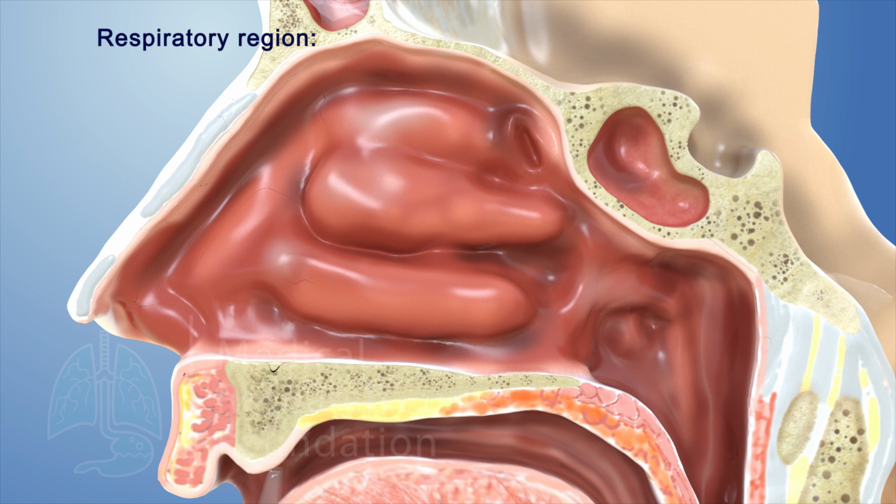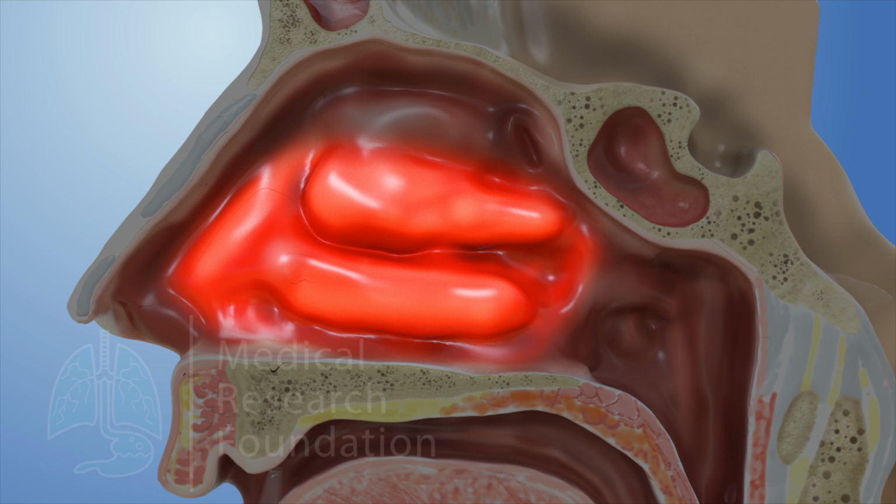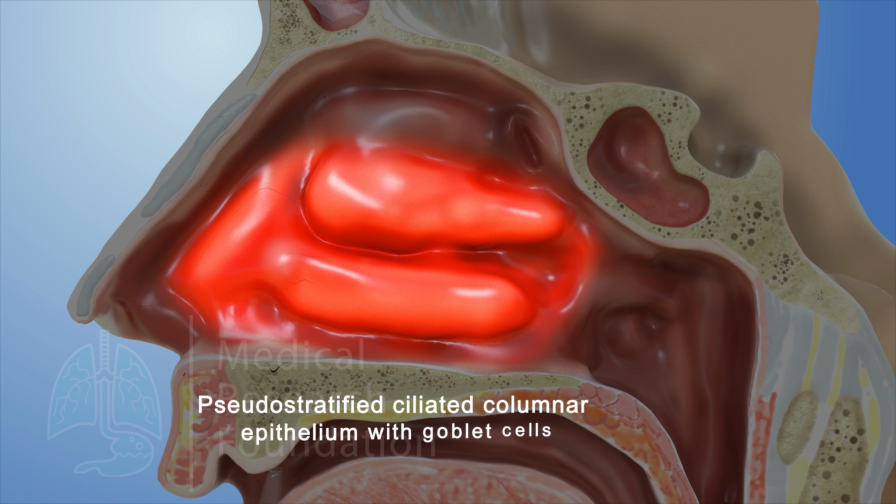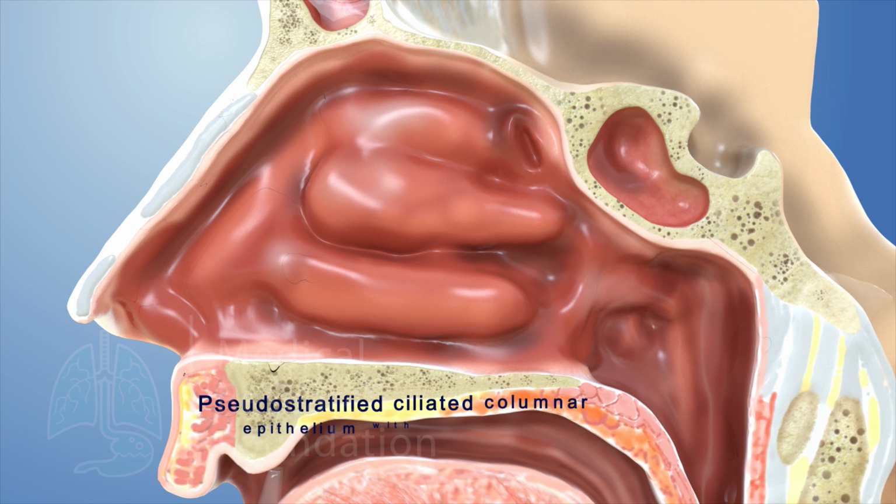Respiratory region. The rest of the nasal cavity, lower 2/3, is lined by the respiratory epithelium: pseudostratified ciliated columnar epithelium with goblet cells. The respiratory mucosa is highly vascular and contains a large number of cavernous spaces and sinusoids to warm the air.